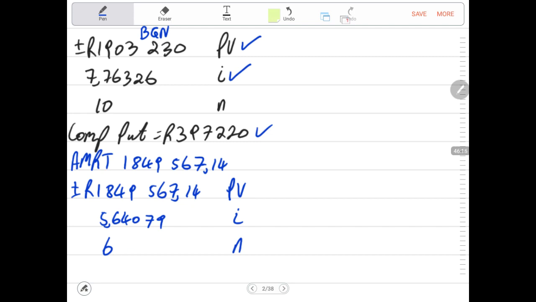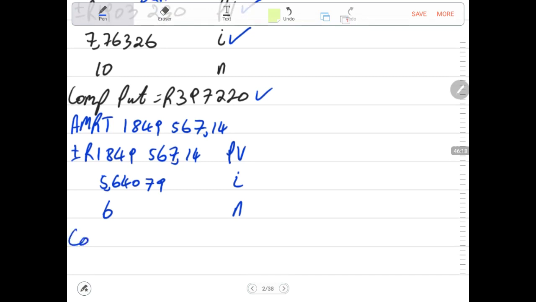Then after we have our N is 6, then what are we looking for? We are looking for the new PMT. How much will be the new payment? So now we do the normal calculation. Remember, in the new PMT now we don't have any more of the BGN function.